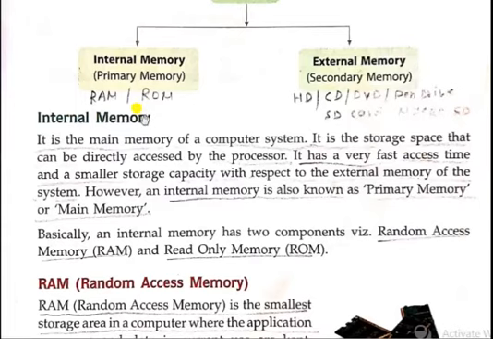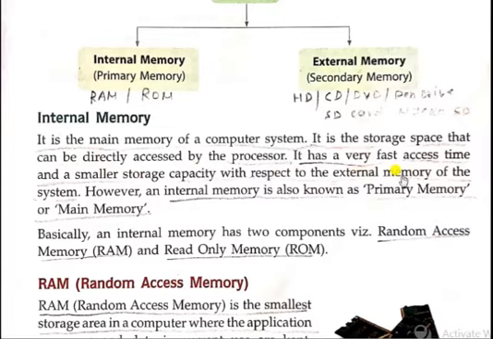Memory which is fixed with the motherboard inside the CPU is called primary memory or internal memory. It is the main memory of the computer system. It is the storage space that can be directly accessed by the processor. It has a very fast access time and smaller storage capacity with respect to the external memory.